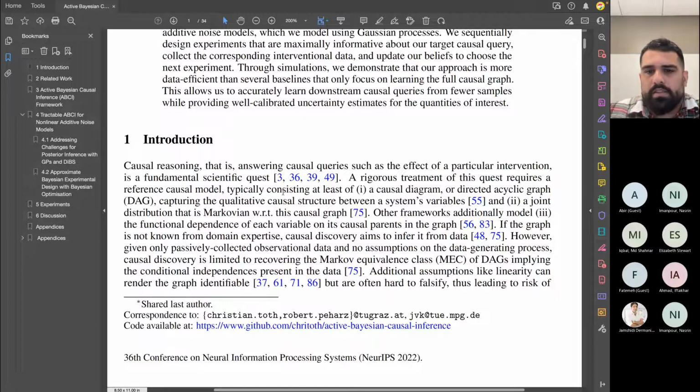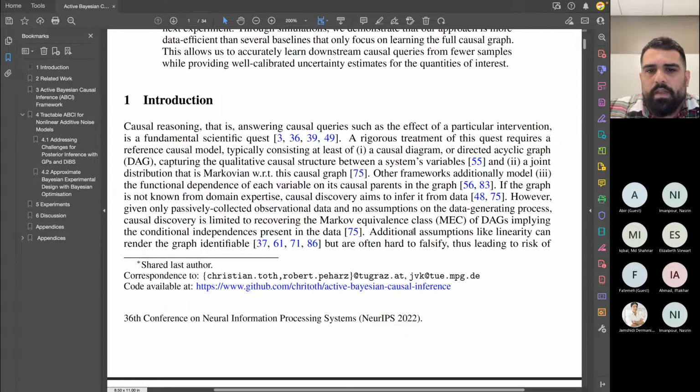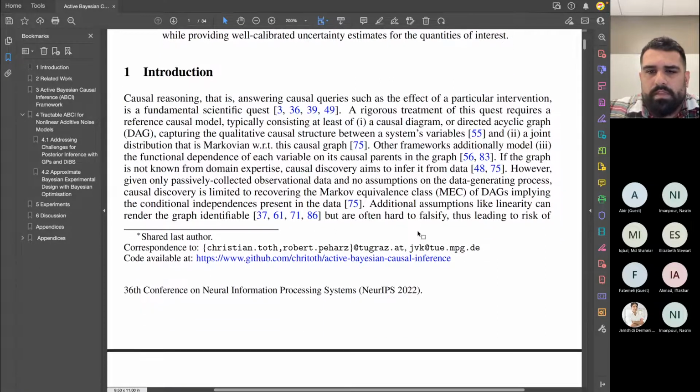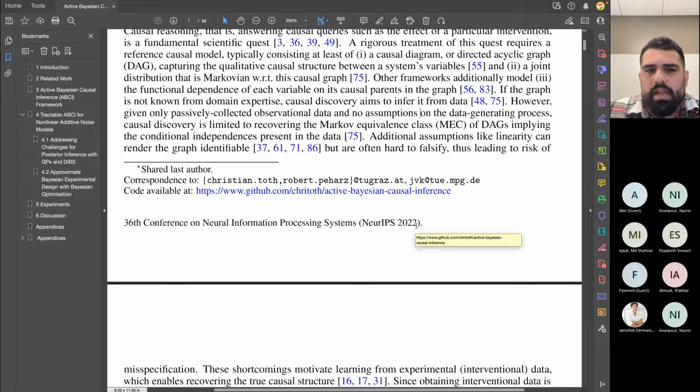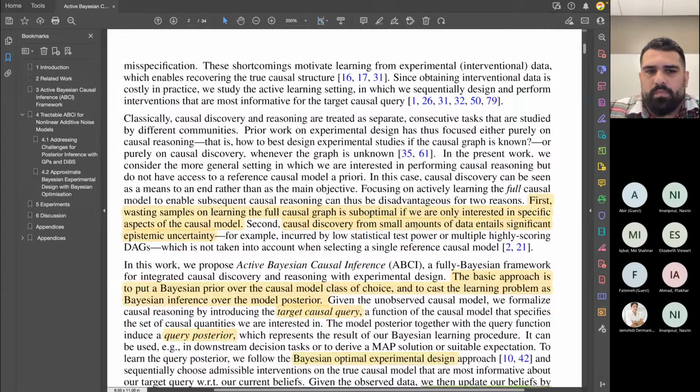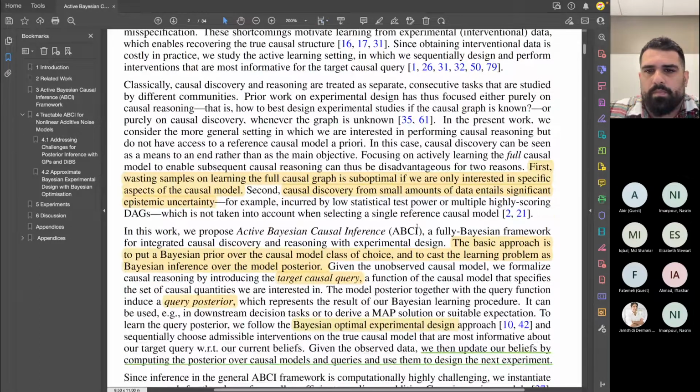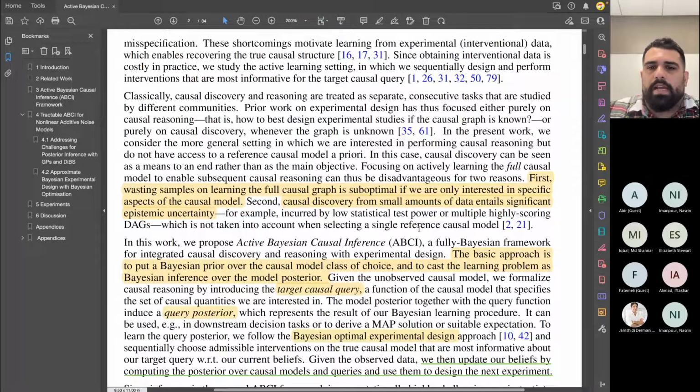So this is one of the novelties that they have in their work. They start with a very basic introduction, and then they talk about how, in the relative approaches to causal discovery, the focus is usually on learning the full causal model.